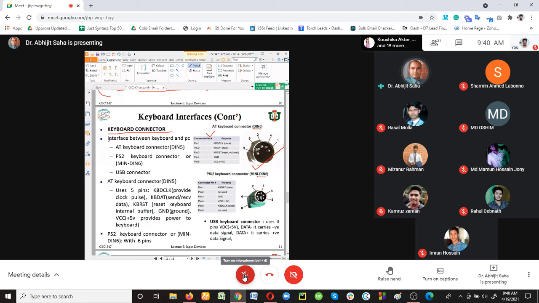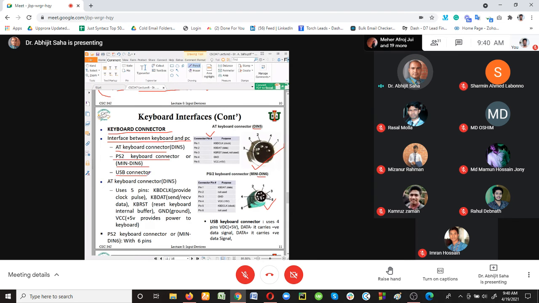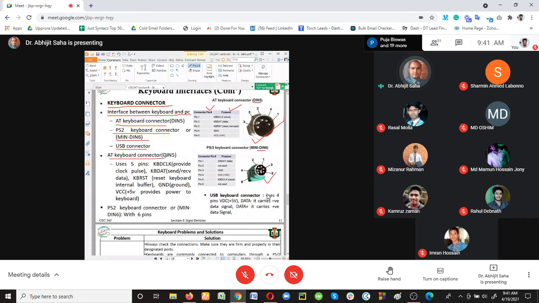And the interface between the keys and the PC, the keyboard connector DIN5 that we call, and the PS2 keyboard connector are the basics we have here, and the USB connector is also there. The pin information tells us which pin works for which purpose. The DIN5 keyboard connector uses 5 pins. The KBD clock provides the clock pulse.